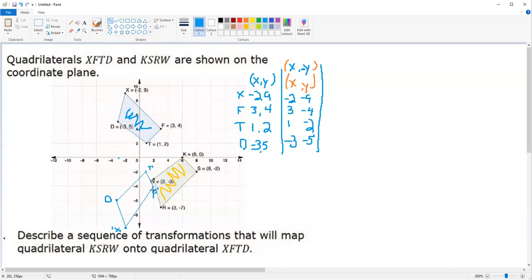That's a problem, it's not on 3. F's on 3, -4.